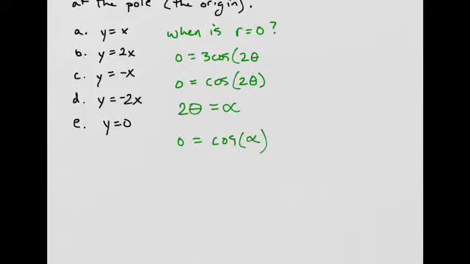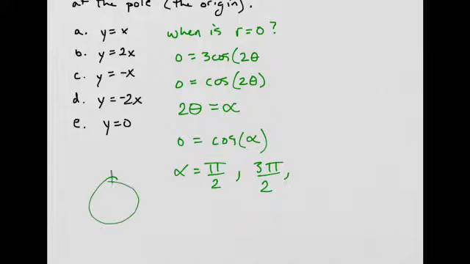When is cosine 0? Well, cosine is 0 when alpha equals pi over 2 and 3 pi over 2. And I can't do anything more. Actually, yes, I can. Here's an interesting thing. We're looking at 2 theta, so I'm just going to keep going.